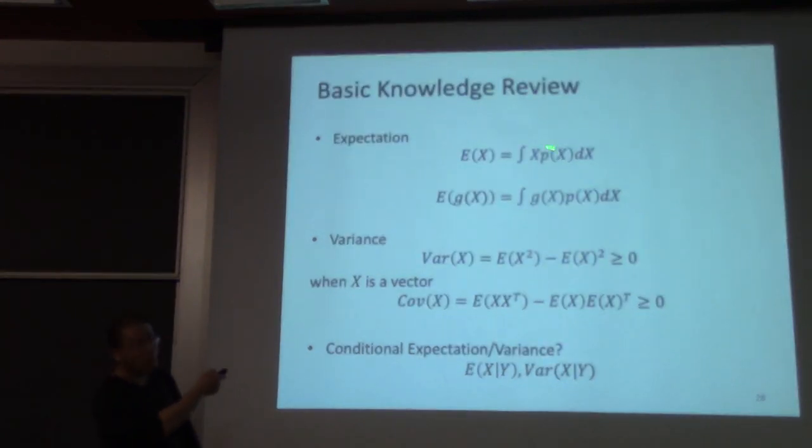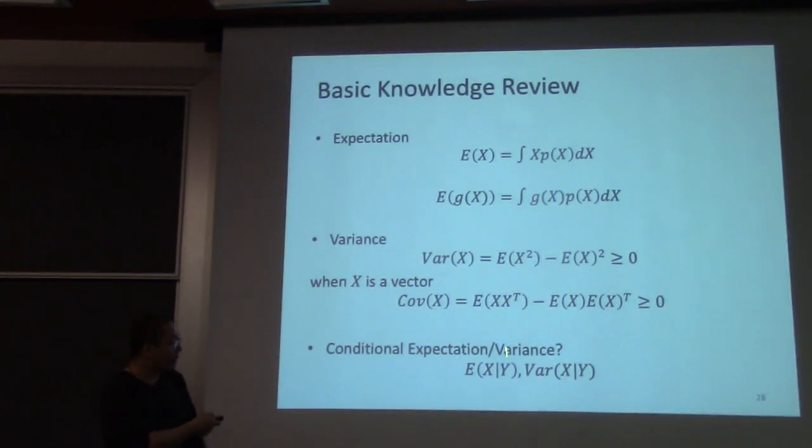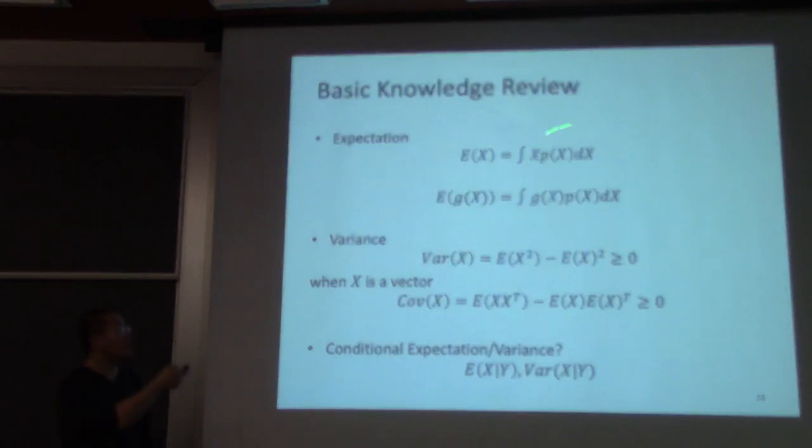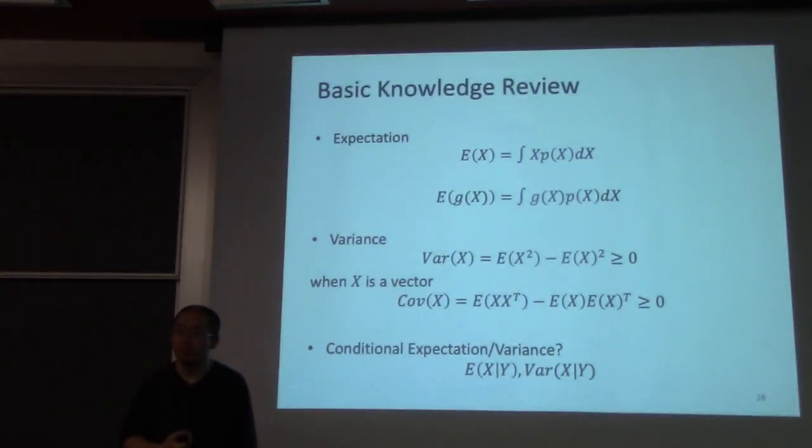It's just according to the definition: the conditional expectation of x given y is just replacing p of x by its conditional probability, p of x given y. Similarly, the conditional variance will be the conditional expectation of x squared minus the square of the conditional expectation. Everything is the same except that we replace the marginal probability by conditional probabilities.